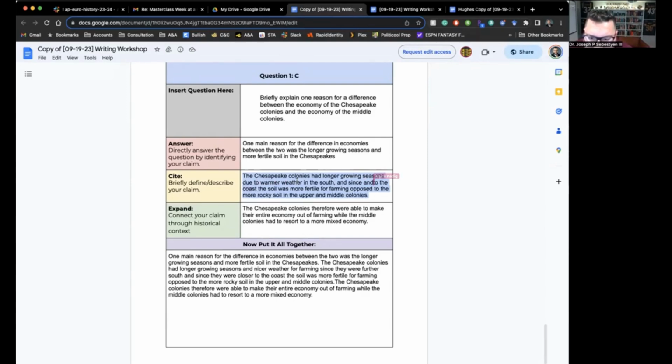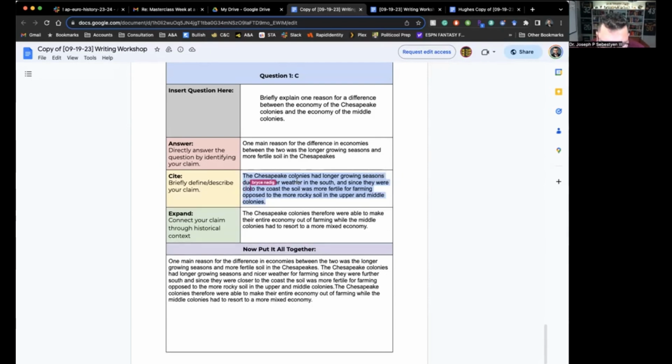And since they were closer to the coast, the soil was more fertile for farming. Period.